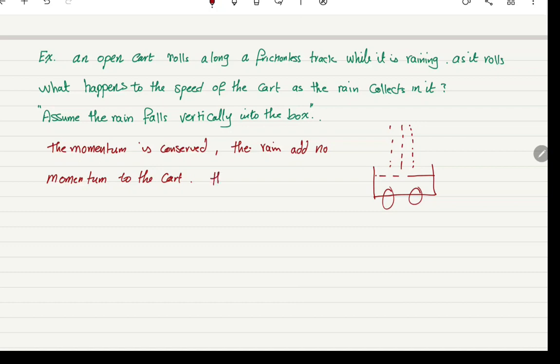So the mass will increase and the velocity will decrease. After all, momentum is conserved. Let's have another example.